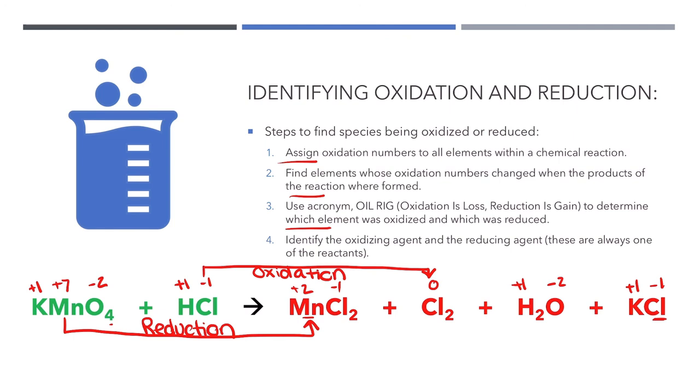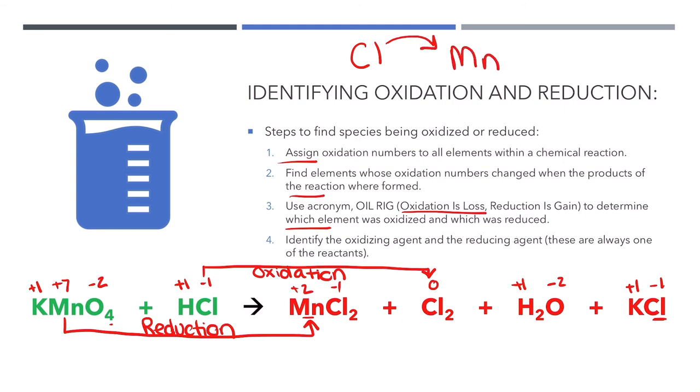And now here's where OIL RIG comes in. So I want to know what's happening. Okay, I've labeled this oxidation, I've labeled it reduction, but what's actually happening here? So oxidation is loss. And so what we've just said here is that chlorine loses electrons when it's oxidized. So chlorine is losing electrons and they're transferring to manganese.